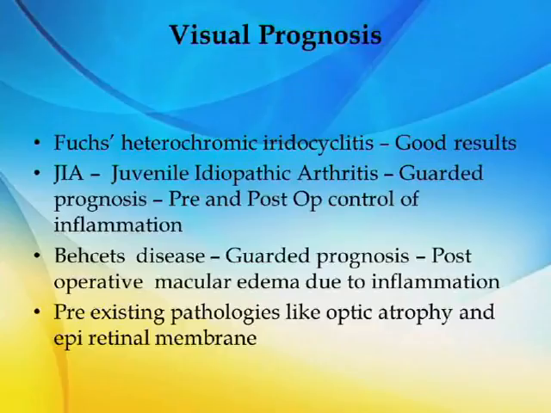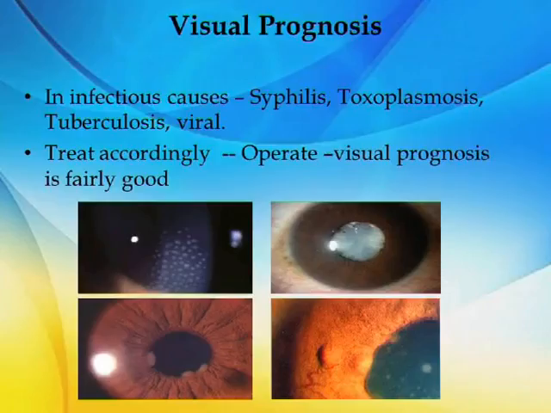Pre-existing pathologies like optic atrophy and epiretinal membrane are also common in Behçet's disease. In infectious causes, most commonly post-herpetic and toxoplasmosis, it's better to treat the infection accordingly, then take up for surgery. Again, you can promise good visual prognosis to the patient.